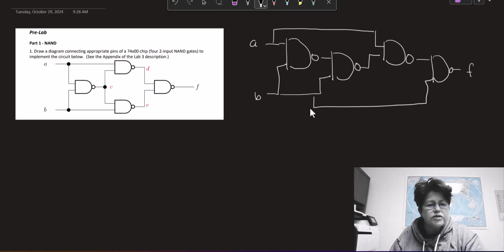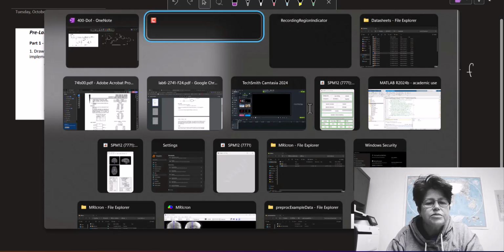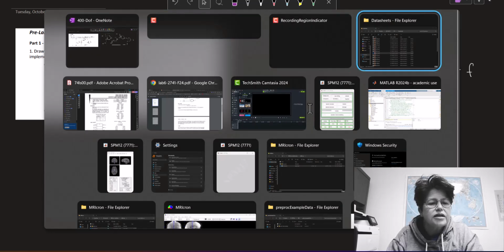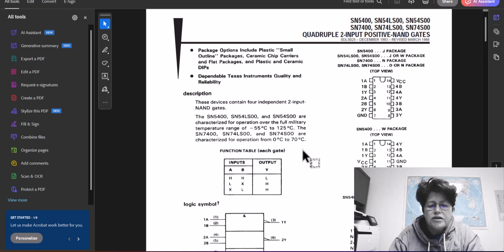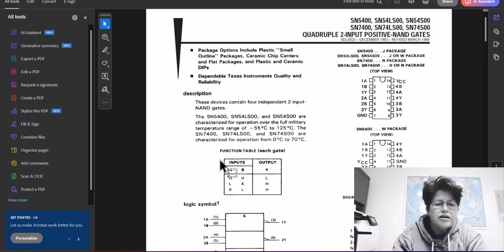In order to do this, we'll need to take a look at the data sheet for the 7400, I think it's the SL chip we have. So we've got that right here. And we can remind ourselves of the way the NAND gate works.